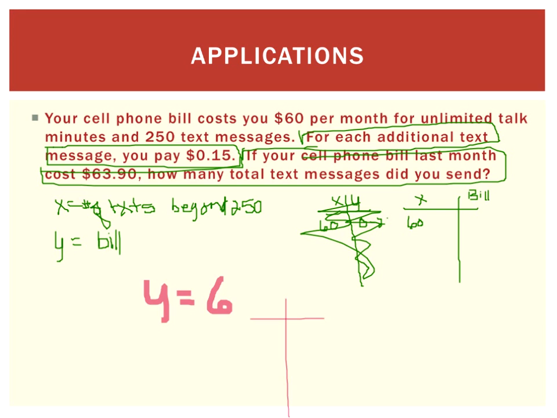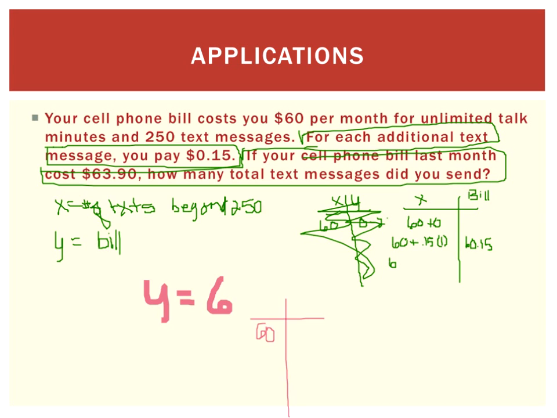So I'm going to pay $60, and I'm not going to pay any more if I have 0 to 250 text messages. But let's say I have 251, or one additional text message. Then I would pay $60 plus 15 cents for that one additional text message, or $60.15 would be my bill.